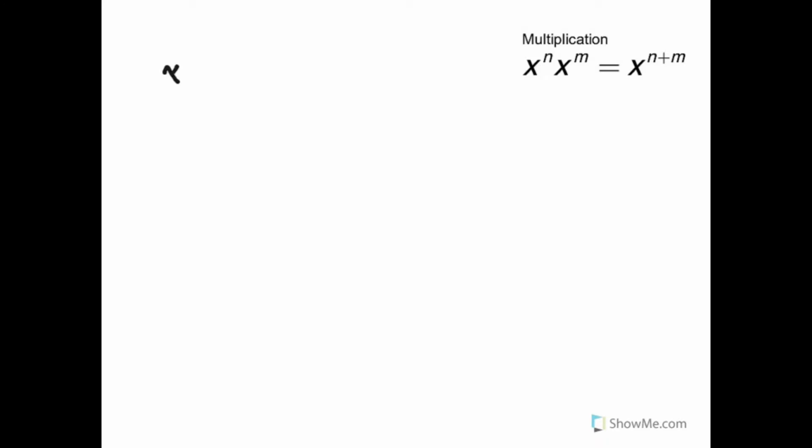If I have an expression like x fifth divided by x squared, I'm going to write 5 copies of x multiplied on top and 2 copies of x multiplied on the bottom. When I cancel, the 2 on the bottom take away 2 on the top.